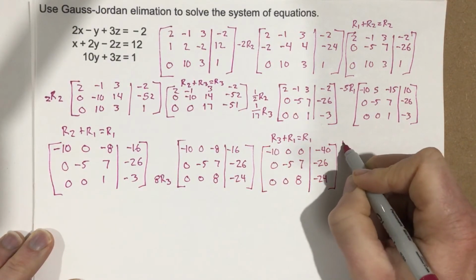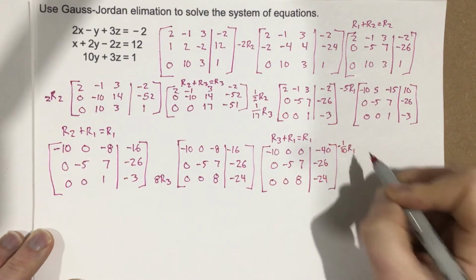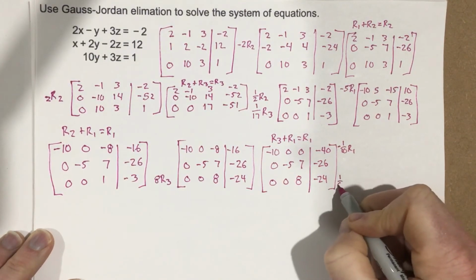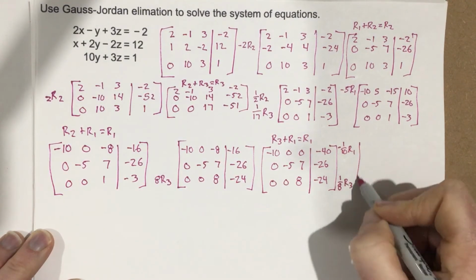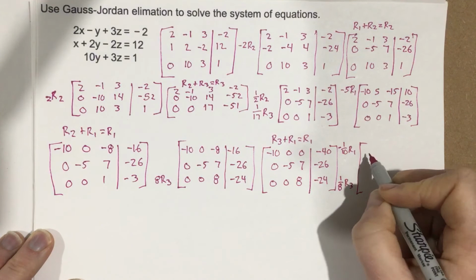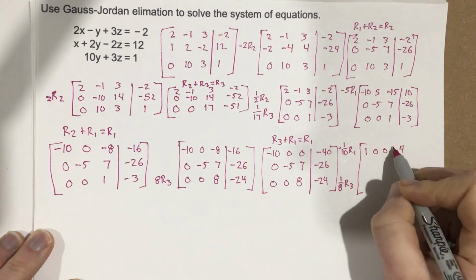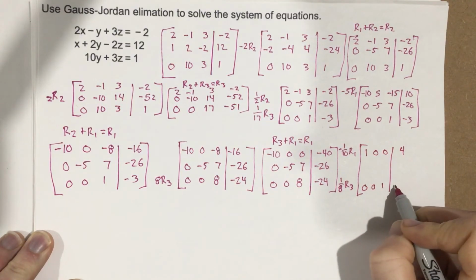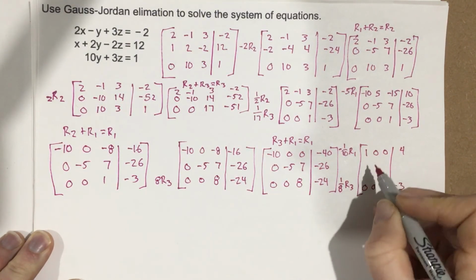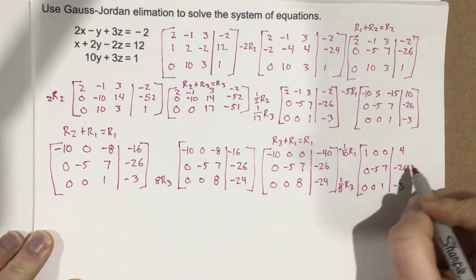I'm going to go negative 1/10 row 1 to simplify that, and I'm going to go 1/8 row 3 to simplify that. And when we do that, we're going to get 1, 0, 0, 4. On the bottom we get 0, 0, 1, negative 3, and we still have 0, negative 5, 7, negative 26 here.